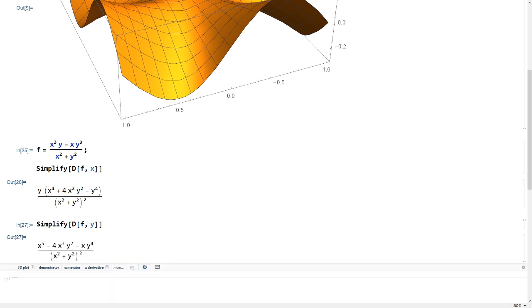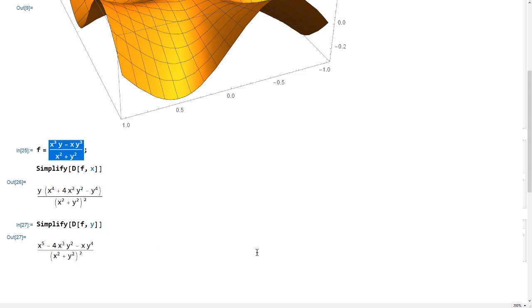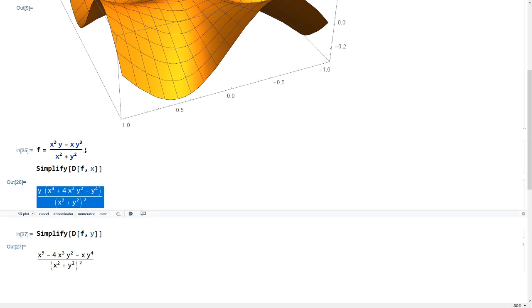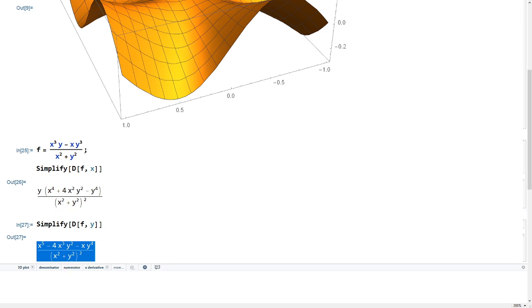These derivatives here are valid as long as we're not plugging in the origin, because this expression right here is how the function is defined away from the origin. So when we differentiate it, these derivatives are valid away from the origin. So I'm just going to copy these over here real quick. In fact, let me just switch back over.